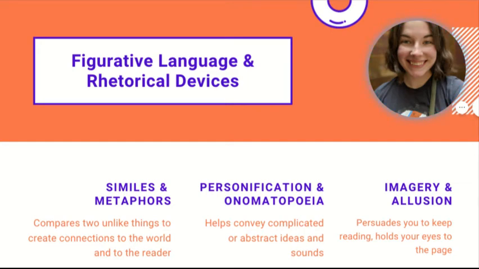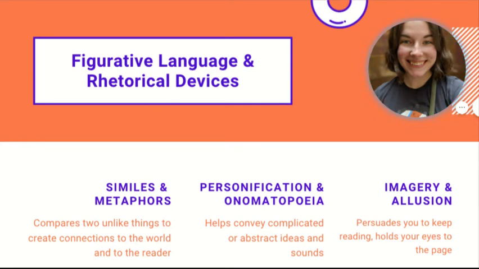So a thought that I have might not be a thought that you've ever had, but if I compare it to something that you know, then we can connect as reader and author. Personification and onomatopoeia are also examples of figurative language, and they can help convey complicated or abstract ideas and sounds in poetry.